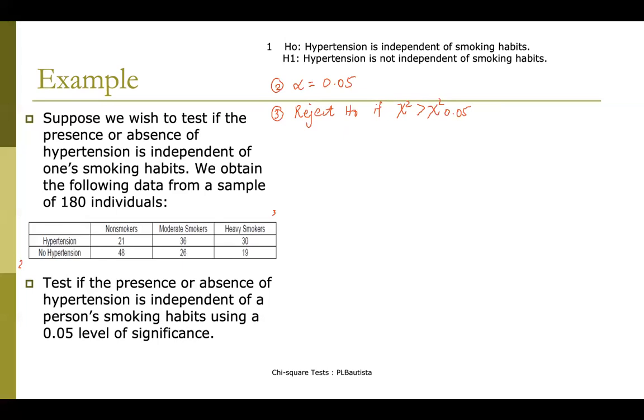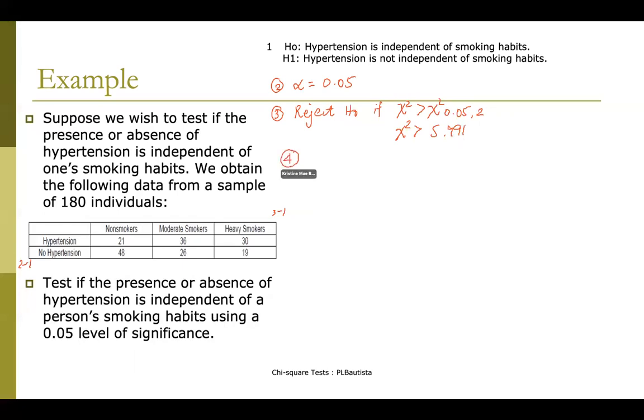So 2 times 1 is 2, meaning we will be using 2 degrees of freedom. And referring to the chi-square table, you will see that this critical value is equal to 5.991.